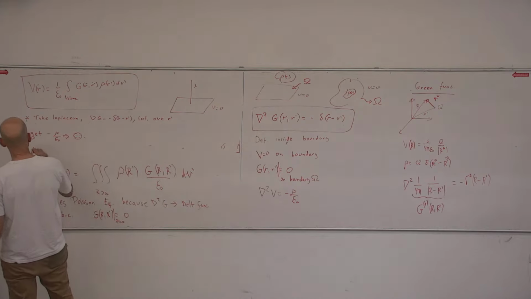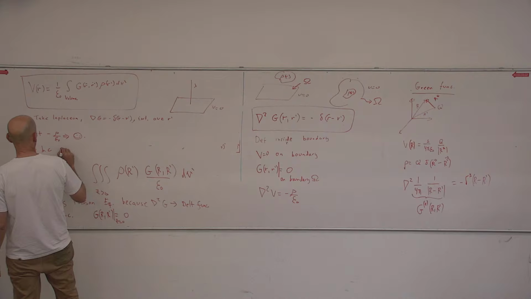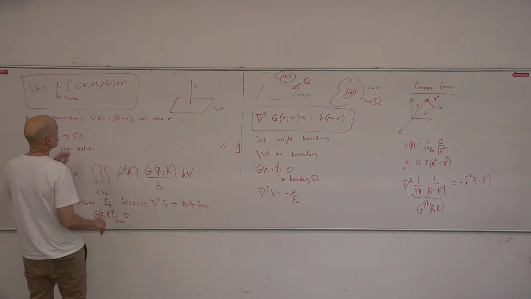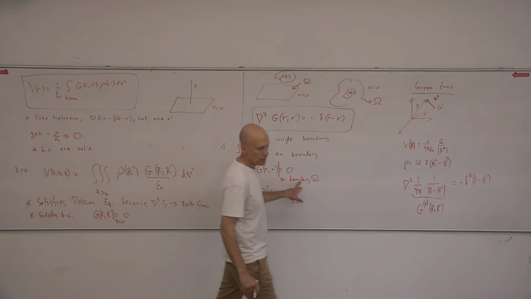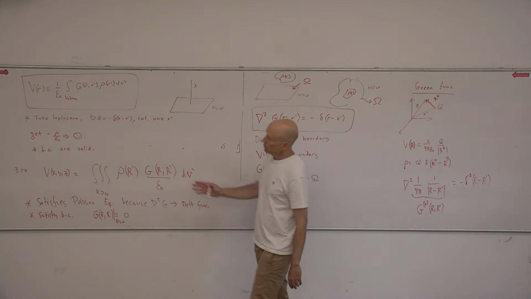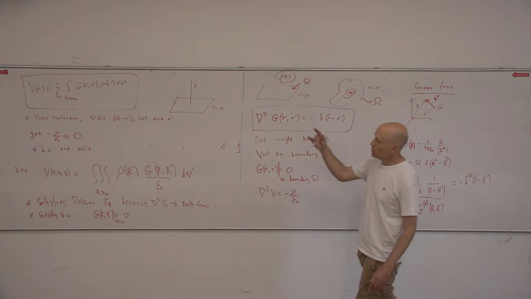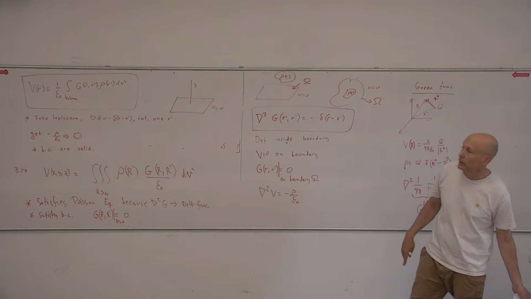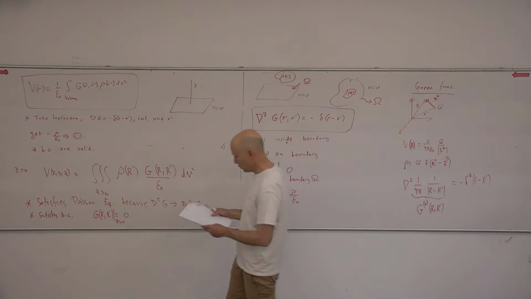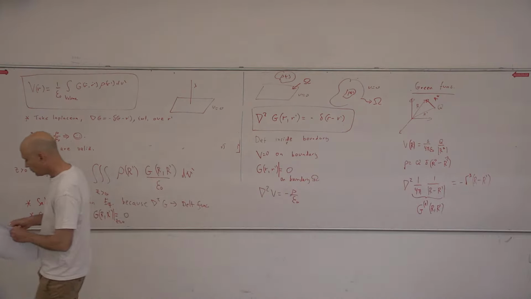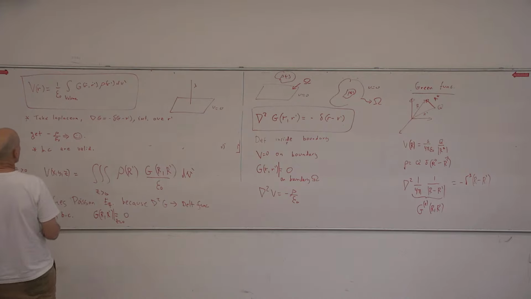Secondly, boundary conditions are valid. Again, why? Because g on the boundary is 0, and that's the same boundary as v. That's it. So this is the formal solution. Very formal, doesn't mean that in practice you can do too much with this. Now the question, what is this g?